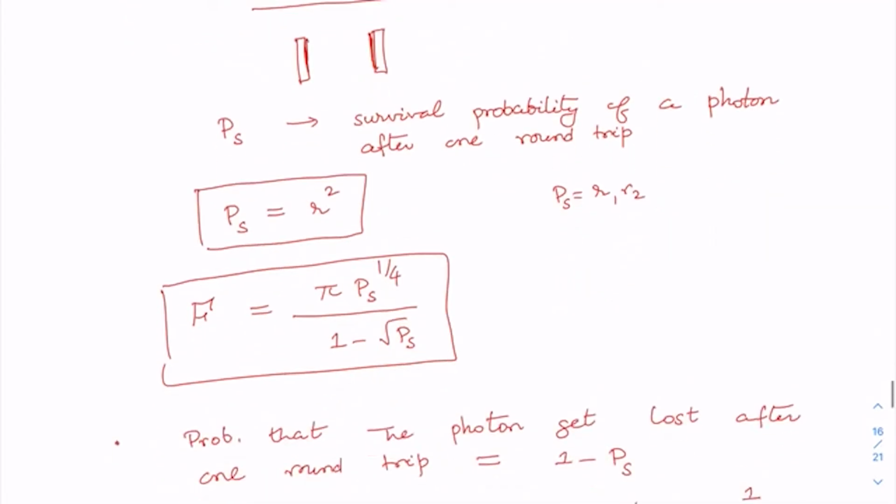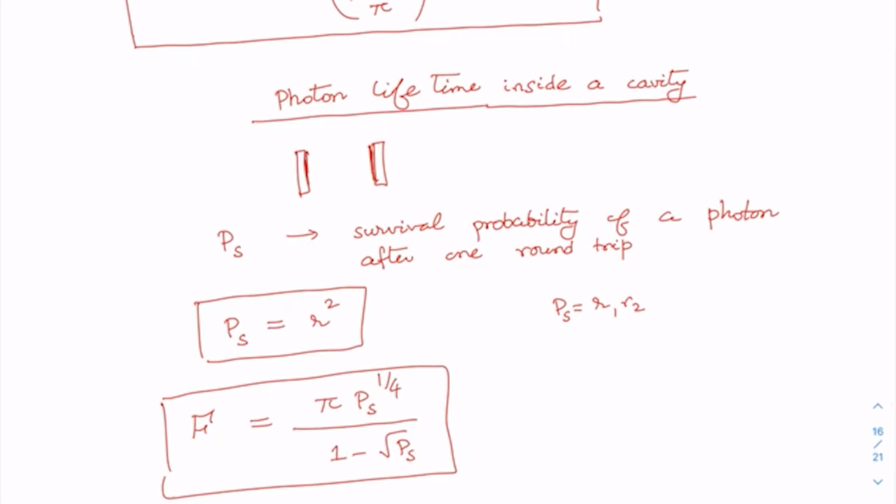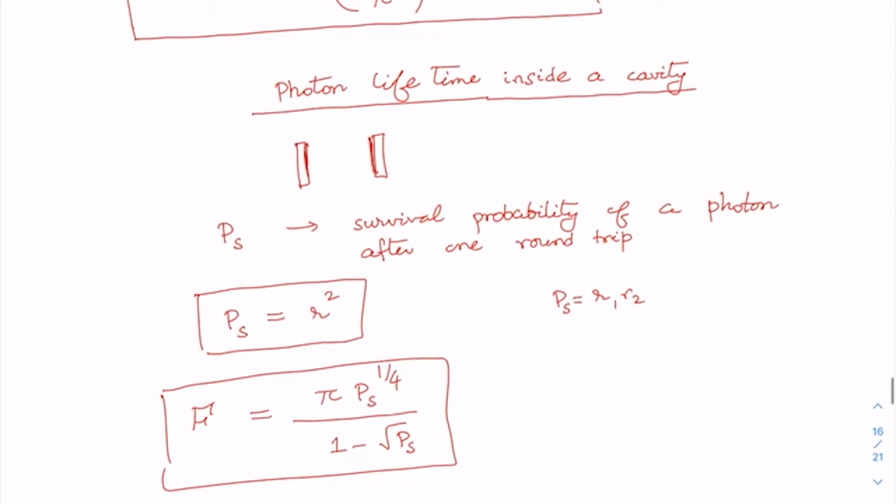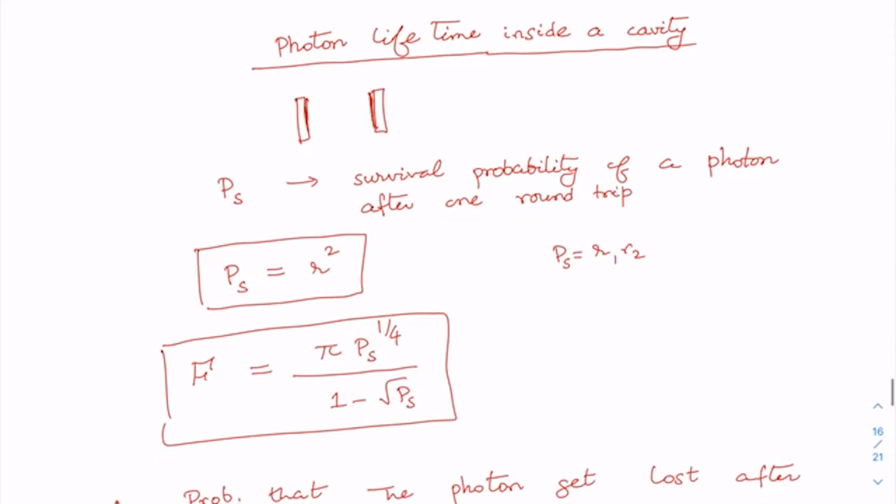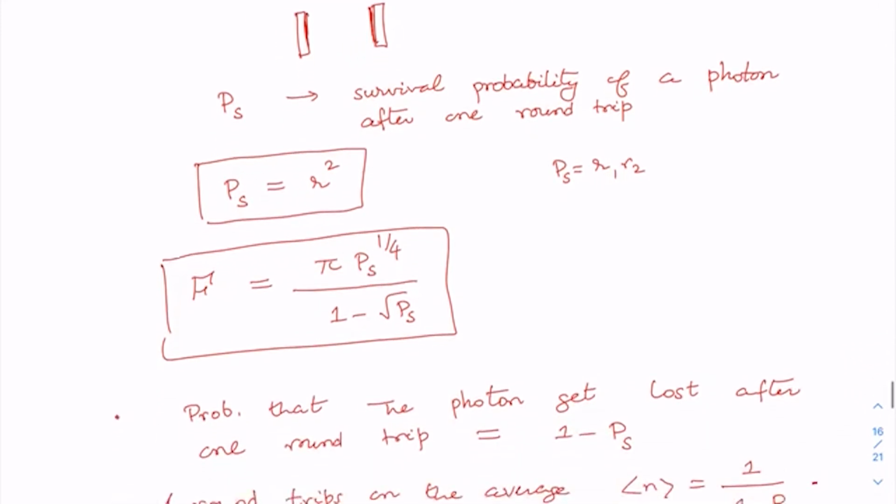We worked it out assuming that the survival probability of the photon is very high, because generally these mirrors are very high quality mirrors, with very few losses and reflectivity around 98 to 99%. So the survival probability of the photon is pretty large.